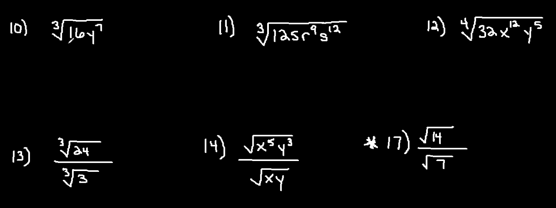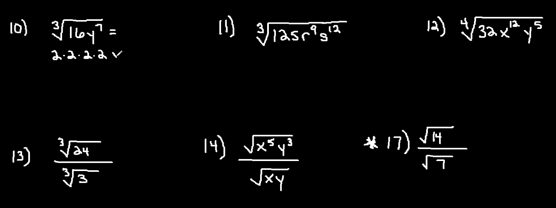Alright, how about the third root of 16 y to the 7th? So I got a variable in here now, just slightly different than we've had before. So 16, what can I do with that? We know from doing it before, it was 2 times 2 times 2 times 2.